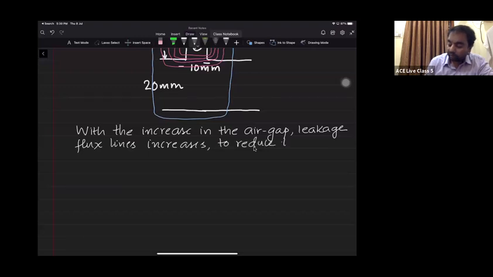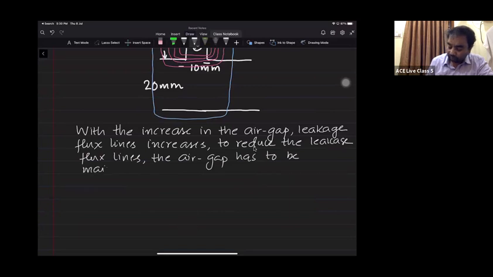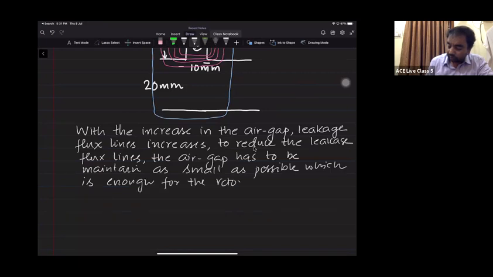To reduce the leakage flux lines, the air gap has to be maintained as small as possible, which is enough for the rotor to rotate freely. That's all. So we have to maintain that one.